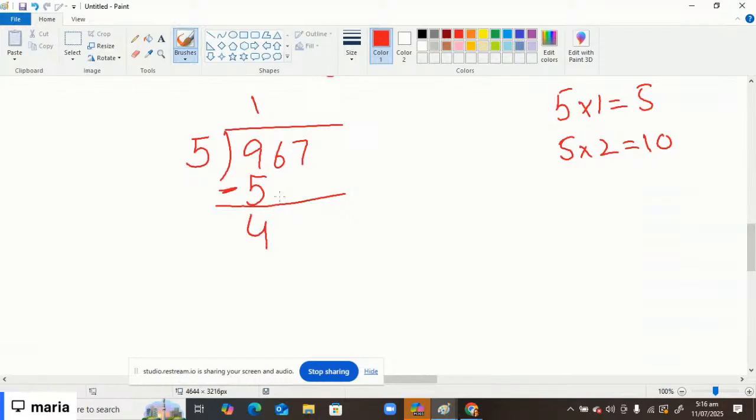Now 4 is less than 5, so that's the reason we bring down the 6. This is 46, and we know that 5 times 9 is 45, and 5 times 10 is 50. We always write the smaller number, not the bigger number.